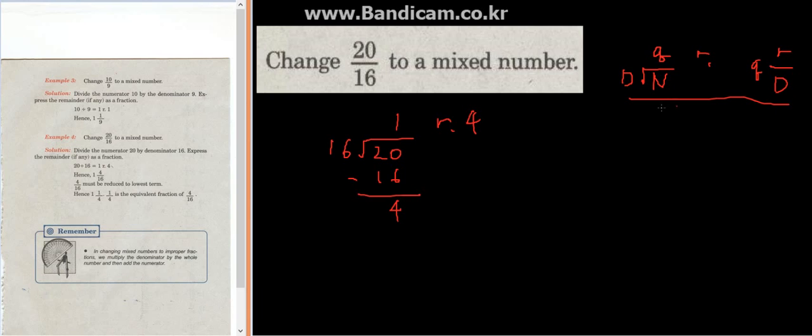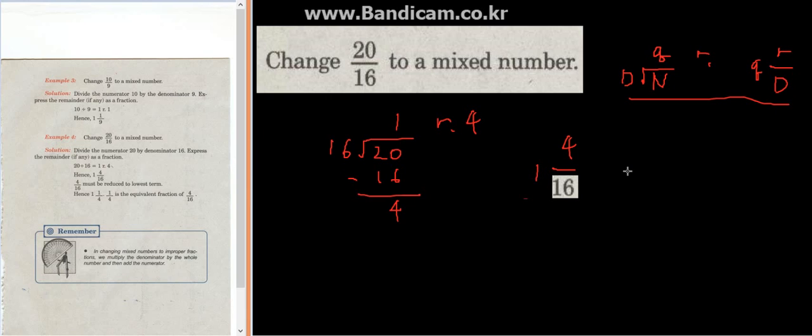So based on this, you simply put down the remainder here, the denominator, which is 16, here, and the quotient is 1, so you put down the quotient.